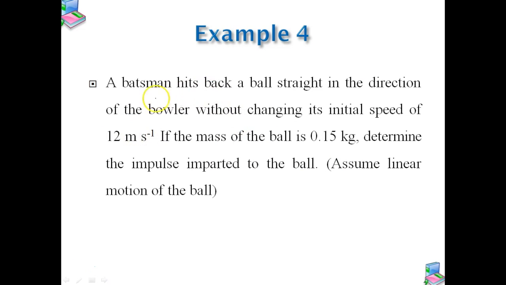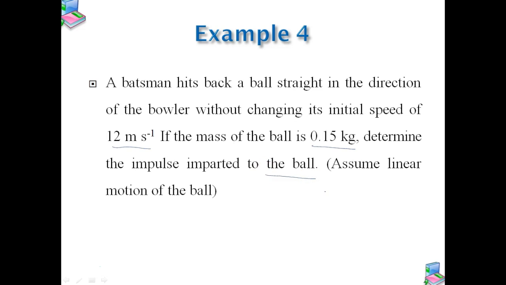The next simple problem: a batsman hits back a ball straight in the direction of the bowler without changing its initial speed of 12 meters per second. If the mass of the ball is 0.15 kg, determine the impulse imparted to the ball.